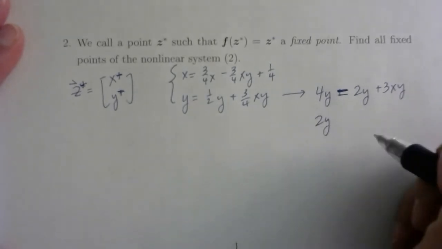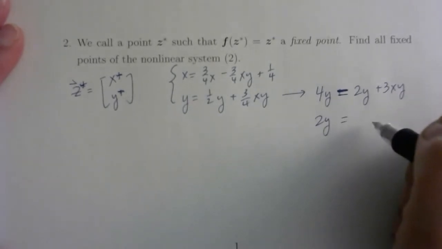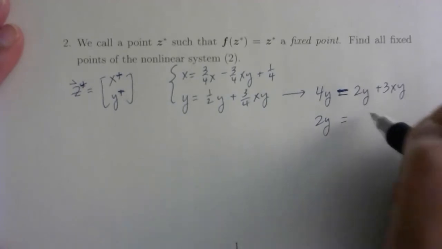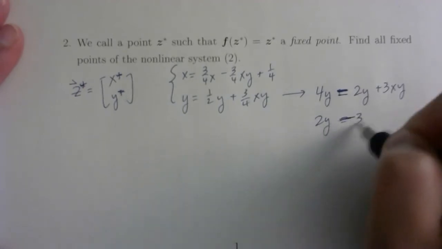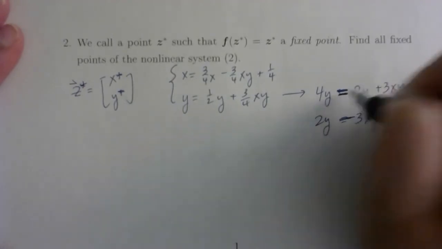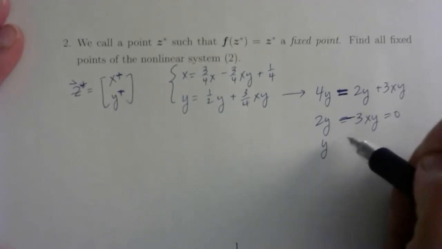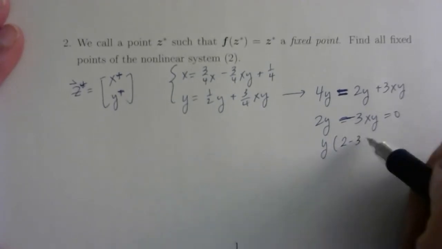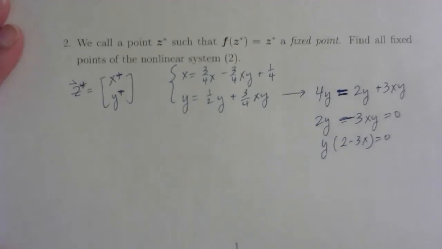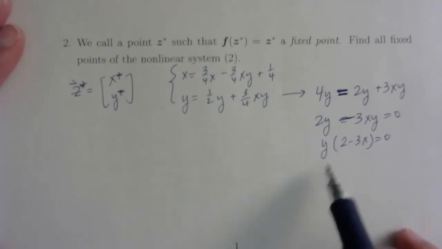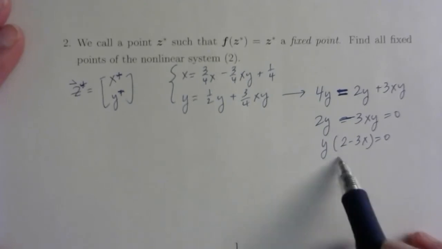So 2y minus 3xy is equal to 0. And so I can factor out that y. So y times (2 minus 3x) is equal to 0. So there's two ways I can make this second equation equal to 0. Either y is 0 or this term here is 0.